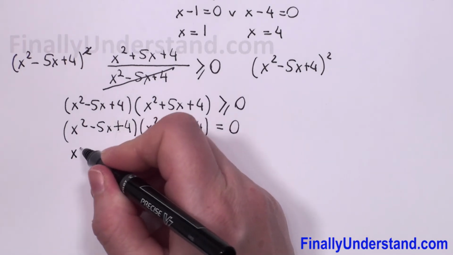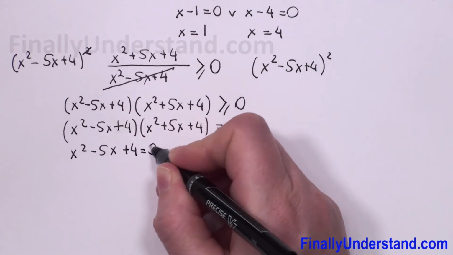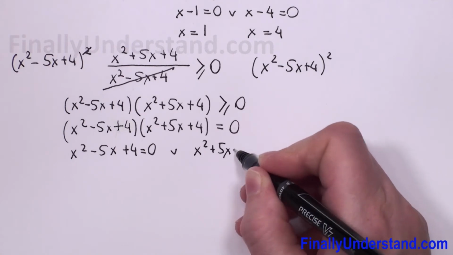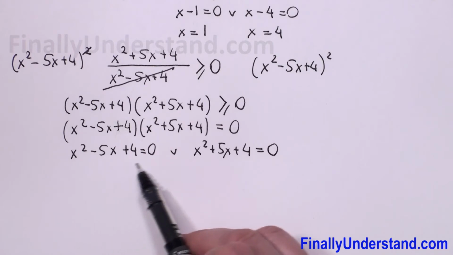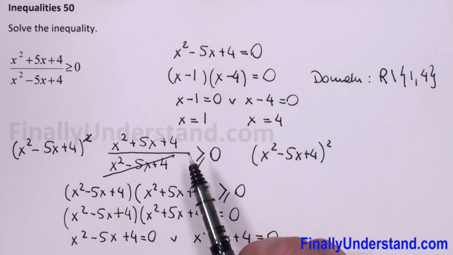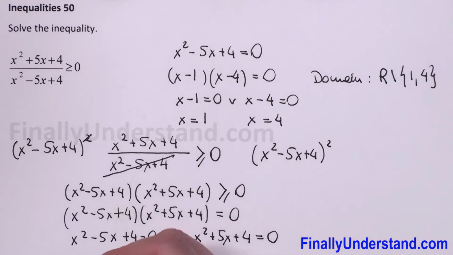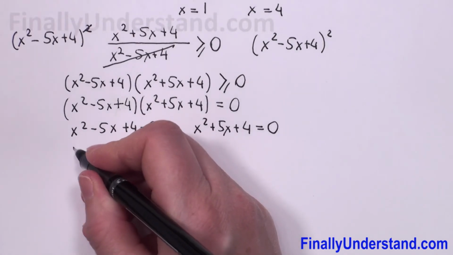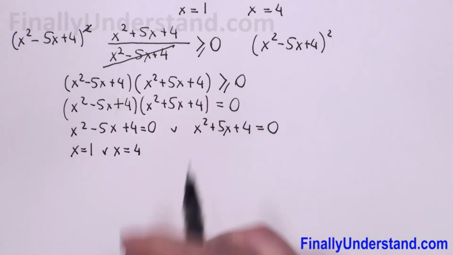So x squared minus 5x plus 4 will be 0, or x squared plus 5x plus 4 will be 0. This equation we solved before. We have roots x equals 1 and x equals 4. So we can just copy this. We have x equals 1 or x equals 4.